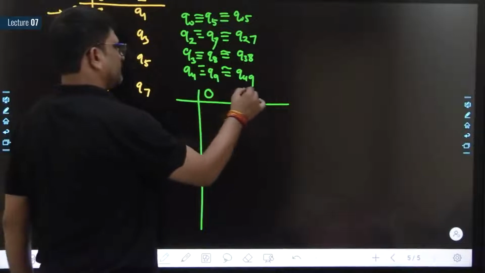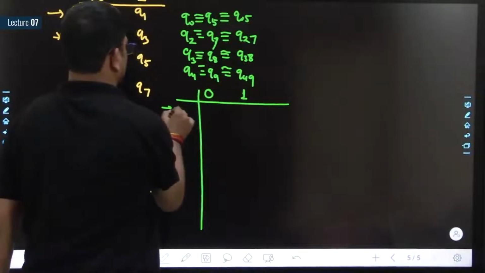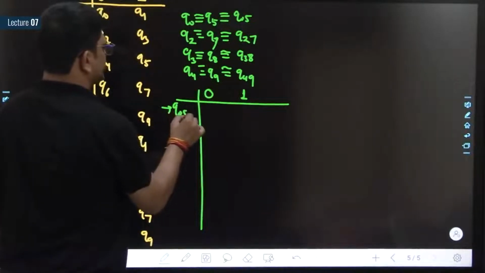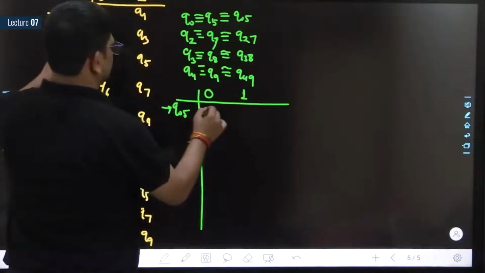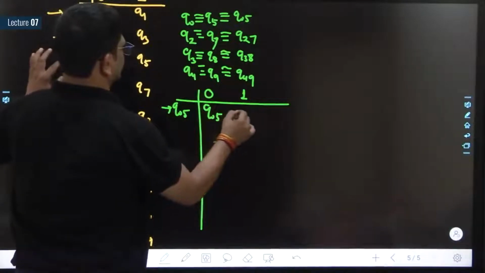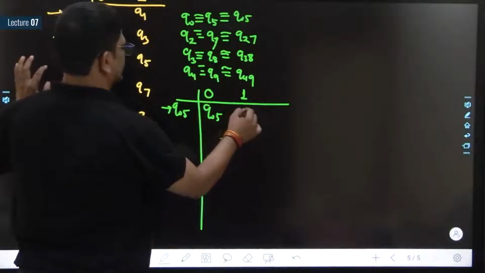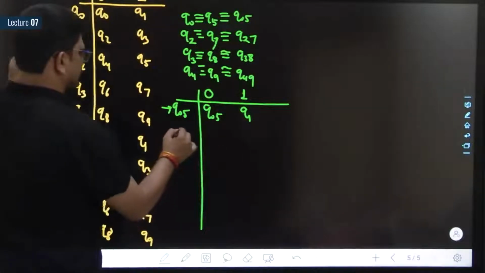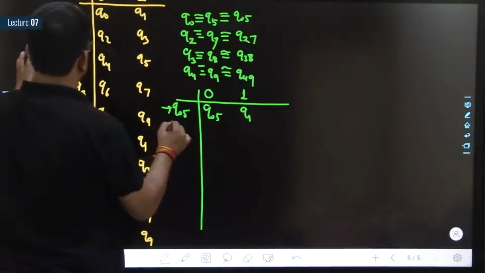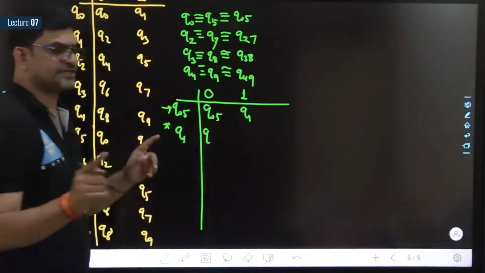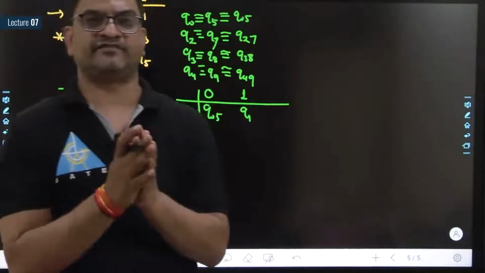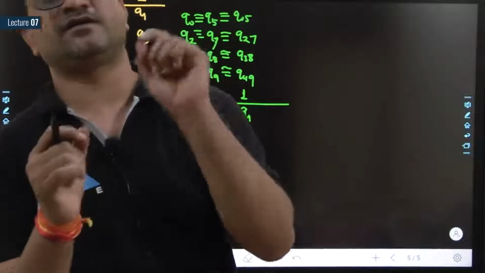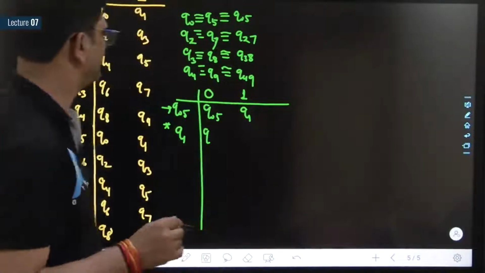0, 1. Q0 as Q05. Q1 is not merging. Q1 is the final state. We cannot merge non-final with final. We can merge only final with final or non-final with non-final.